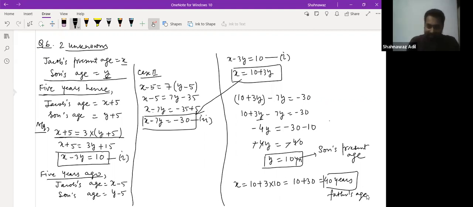Right. So Rizwan, Adil, did you note it down? Yes, sir. And Talha? Just a second, sir. Now we will move into the second method. When you learn those three methods, it will be your choice, whatever method you deem easy.